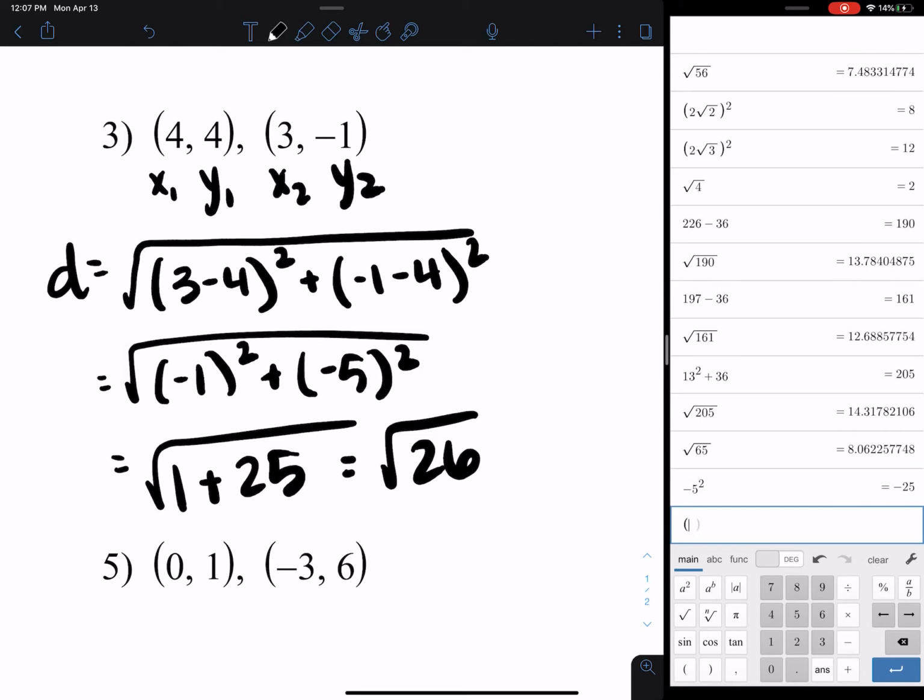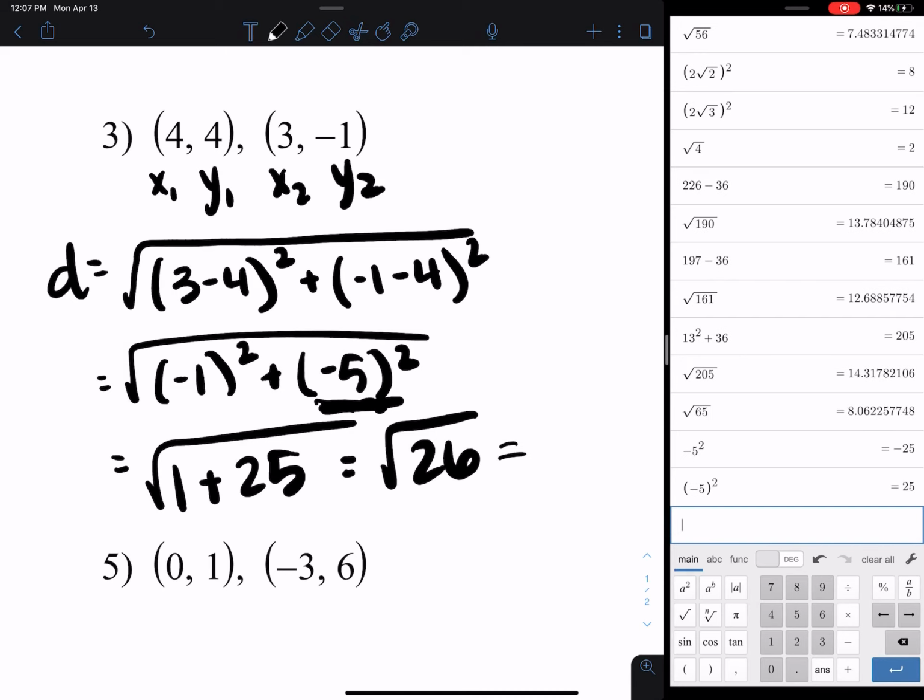But in the calculator, you have to put the -5 in parentheses, just like we have it on the paper, and then do the squared, and it'll tell you that it's 25. So if you come up with any issues, then make sure that you're putting your numbers in parentheses, just like we have over here. So it's -5 in parentheses squared, that's 25.